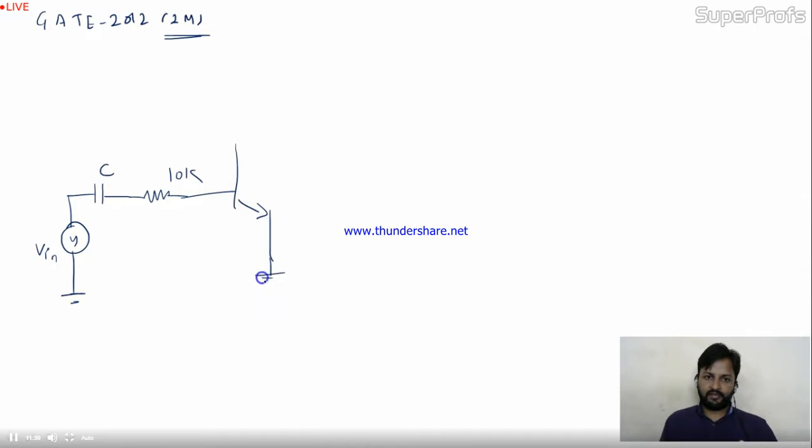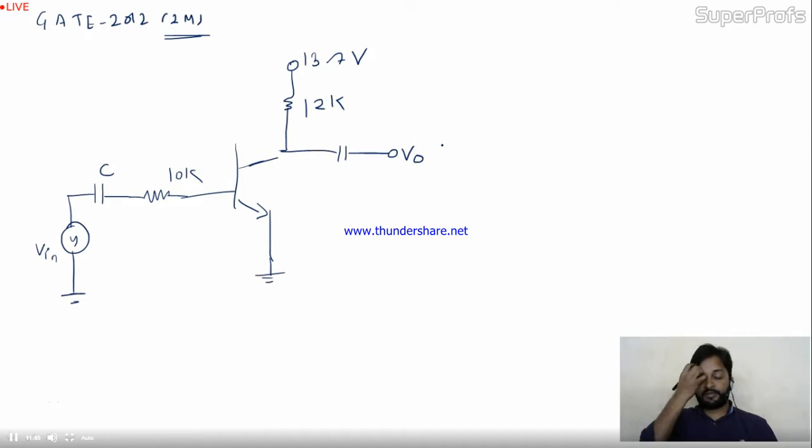This is grounded, and over here this is 12K connected with 13.7 volt. Over here I'm taking output, so coupling capacitors are also given. This circuit is fully an AC circuit, which means we have to use this circuit for amplification.